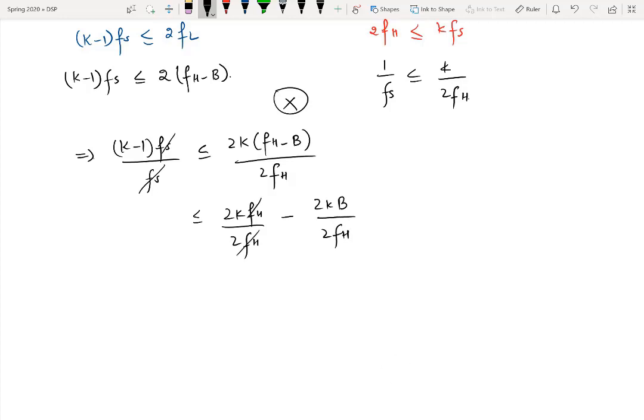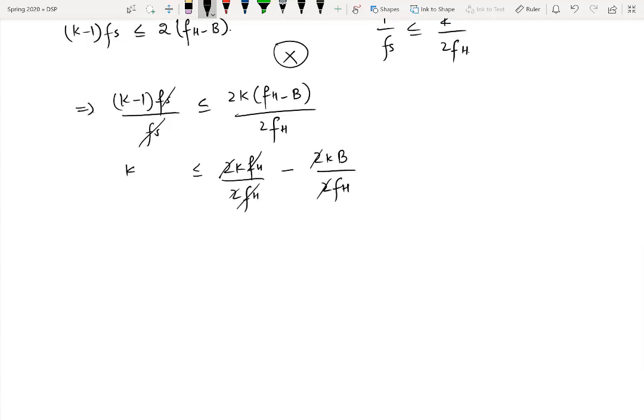So here fh is cancelled out, 2 is cancelled out, and we are left with k minus 1. Further solving it, we get k as common into 1 minus b over fh.